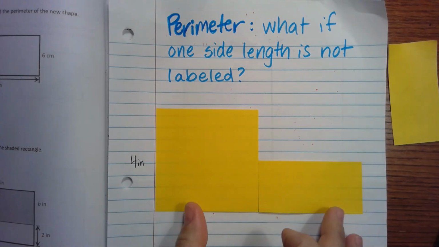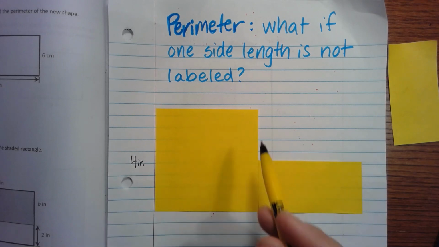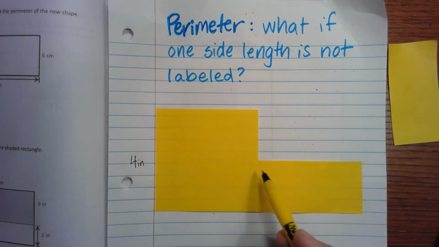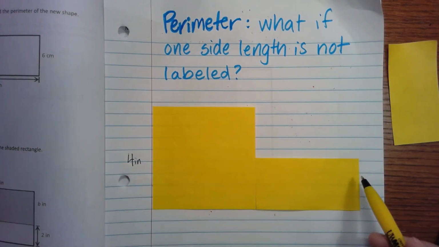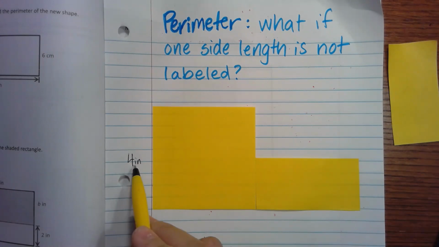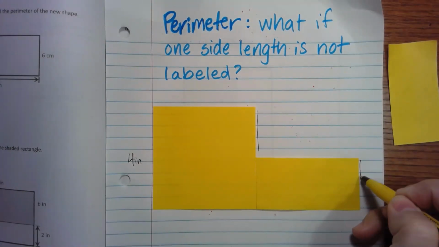So when the shape is not a regular polygon, like a square, or not something that they recognize quickly, like a rectangle. So now I have this odd shape. This is not a regular polygon, is it? Kids don't always see the connection between the 4 inches here and the length of this and this.